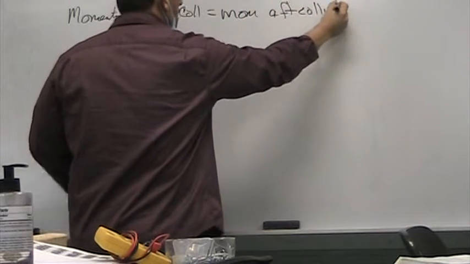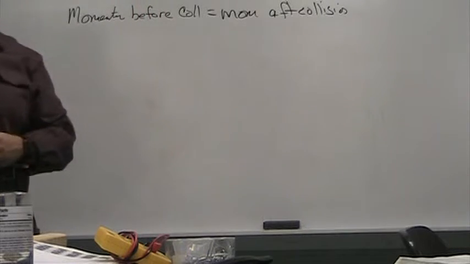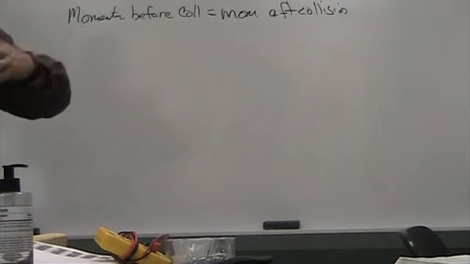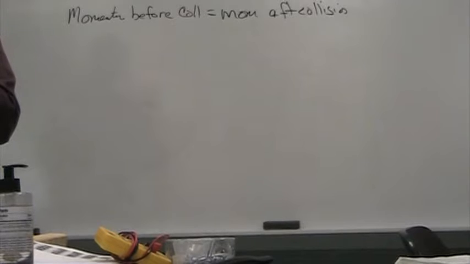This is pretty cool. All right? This is the only thing I'm going to focus on today. There are a lot of problems associated with it, but it's really straightforward. Momentum before a collision is equal to momentum after collision.